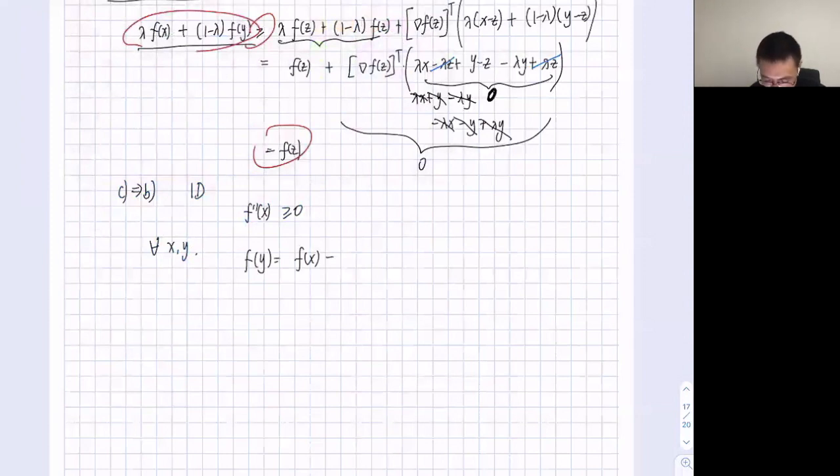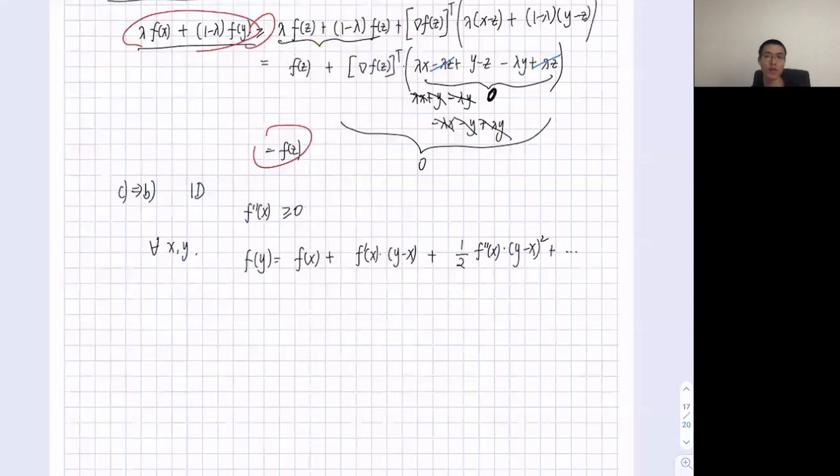But if it's not a constant, then plus f prime of x times y minus x. So you approximate a function by a line, or by a linear hyperplane, but here it's just a line. Plus f double prime of x times y minus x squared, plus and so on.